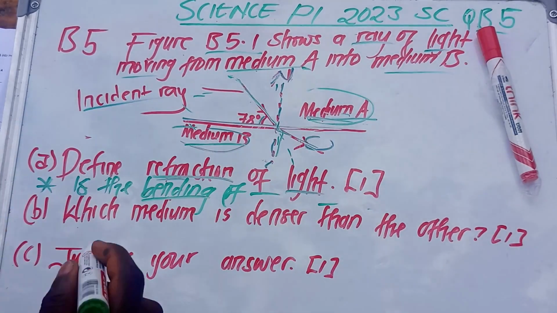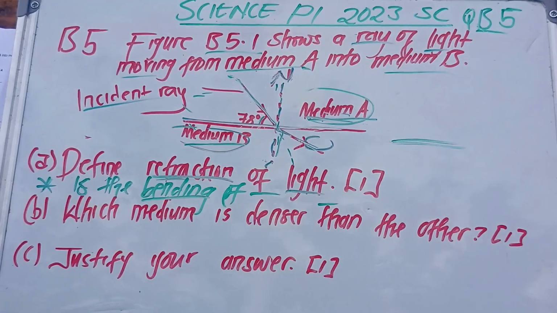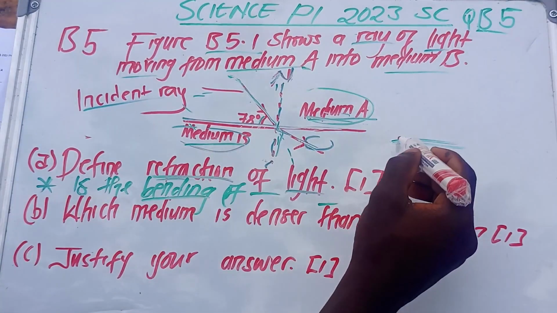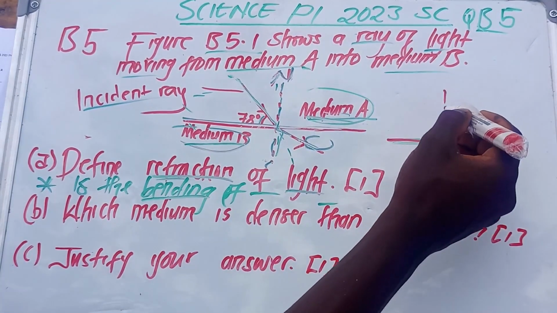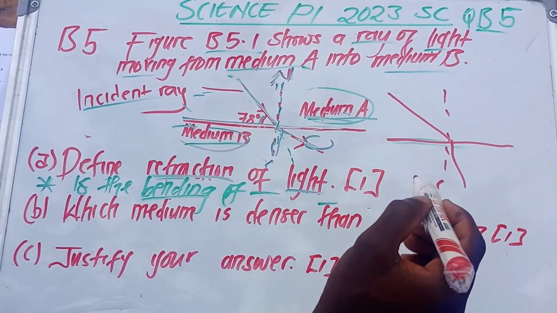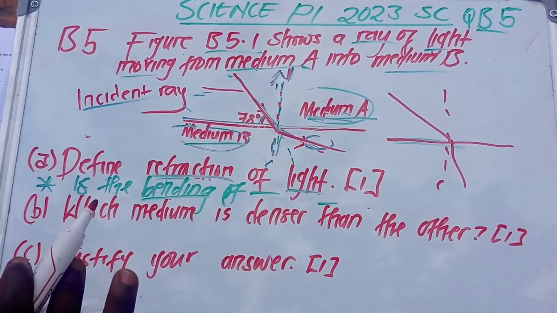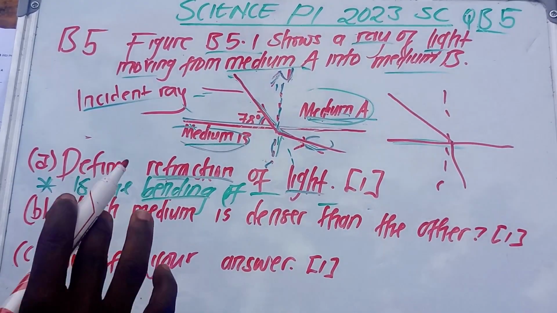So there are two possible ways this ray actually bends. It has either bent towards the normal or away from the normal, like in this case. I hope you have seen that. So what should this tell you?